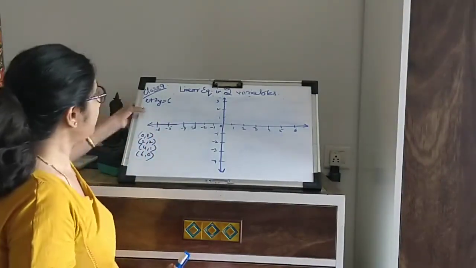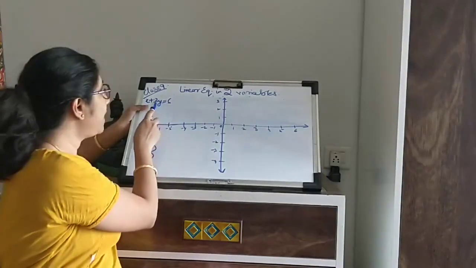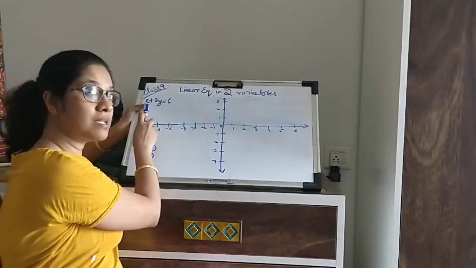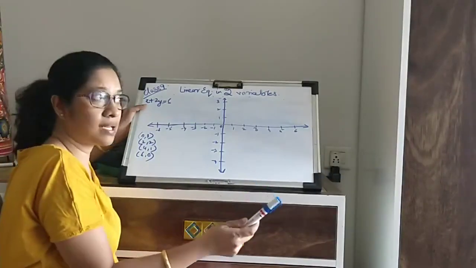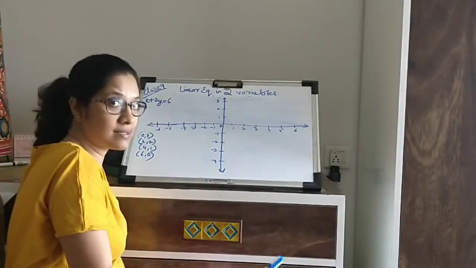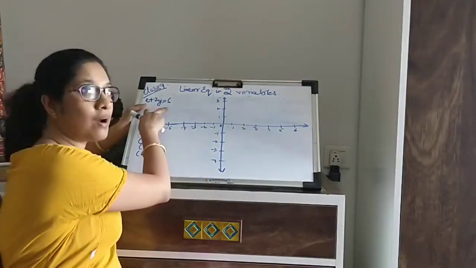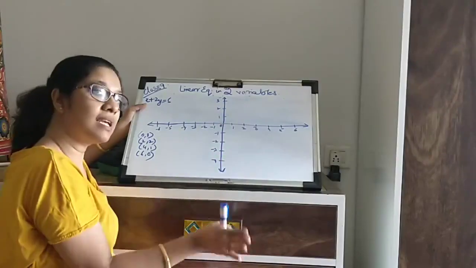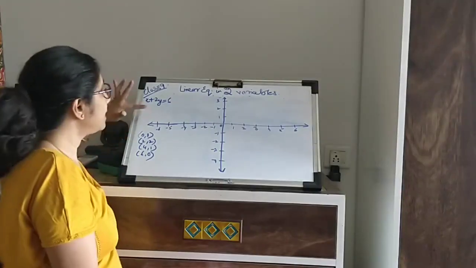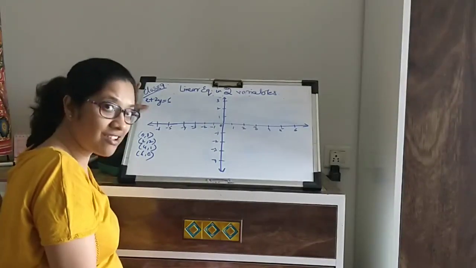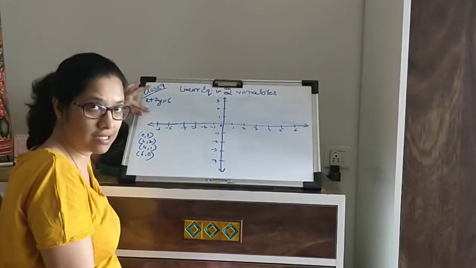So, coming back to this, if I want to represent this on the Cartesian plane with some kind of figure, it may be a straight line, it may be a circle, I do not know what that is as of now. What I need to do right now is get some points that lie on that figure. In other words, I need some coordinate points that would be a solution to this linear equation.